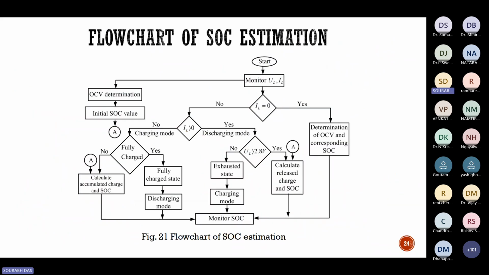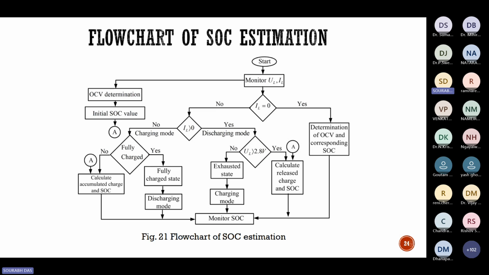So this is the flowchart of the SOC estimation method. The process begins by monitoring the battery terminal voltage and load current. Then we check whether the load current is zero or not.